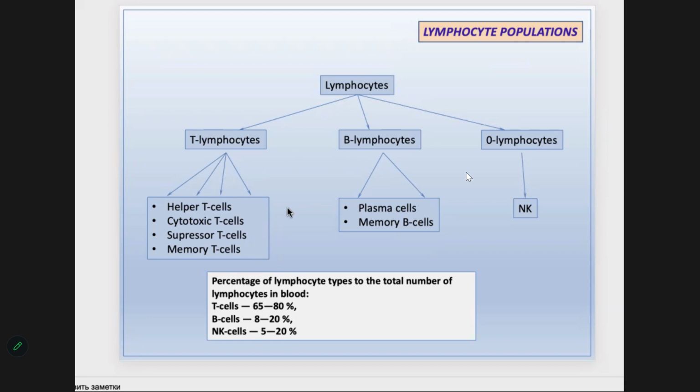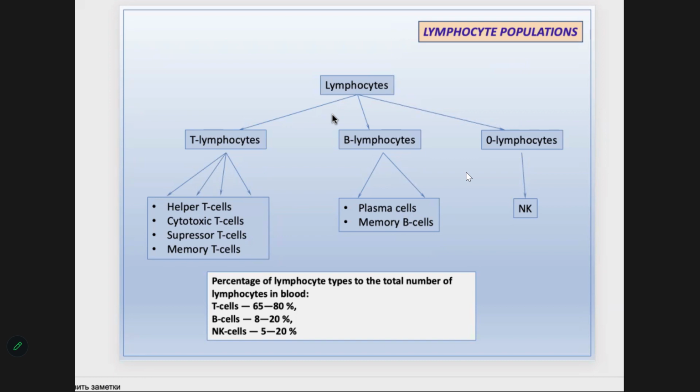B lymphocytes. B lymphocytes originate in the bone marrow. Some stages of differentiation of these lymphocytes take place in the bone marrow. That is why these lymphocytes are named B lymphocytes. The immunocompetent subpopulations of B lymphocytes are presented in this table, and B lymphocytes are subdivided into plasma cells and B memory cells.